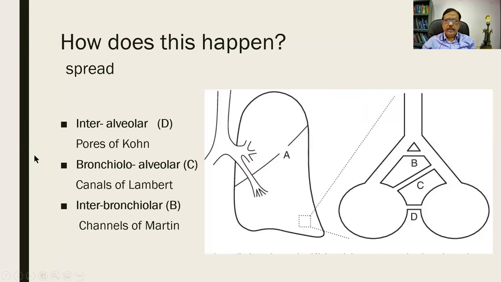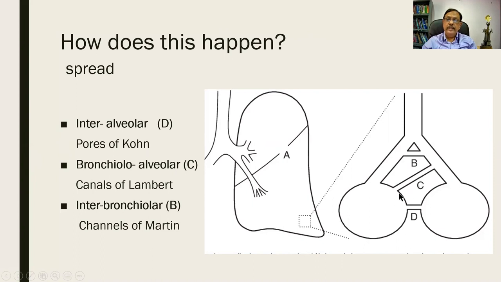And see what is happening over here. This is the alveolus and this is the lung. In the alveolus, there is an interconnection between the adjacent alveoli. These are called pores of Kohn. Bronchiole is here and alveolus.